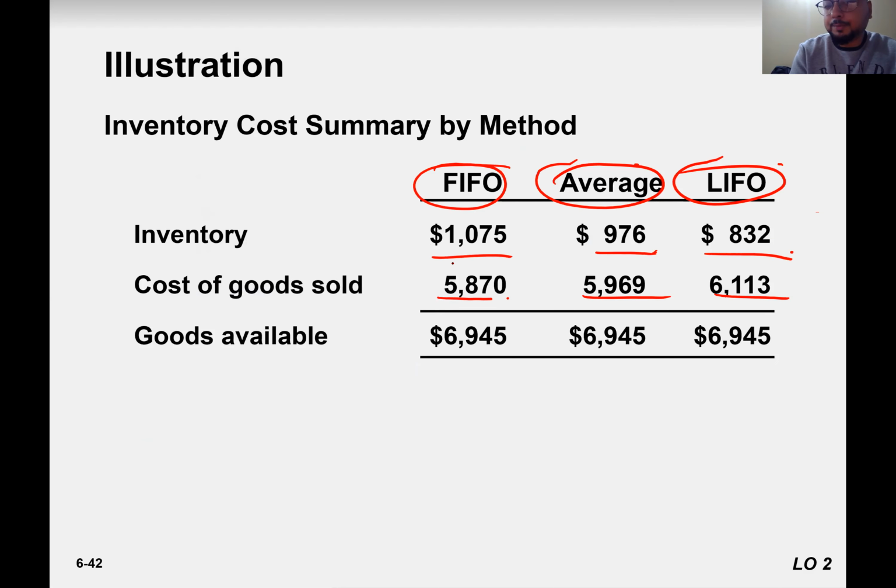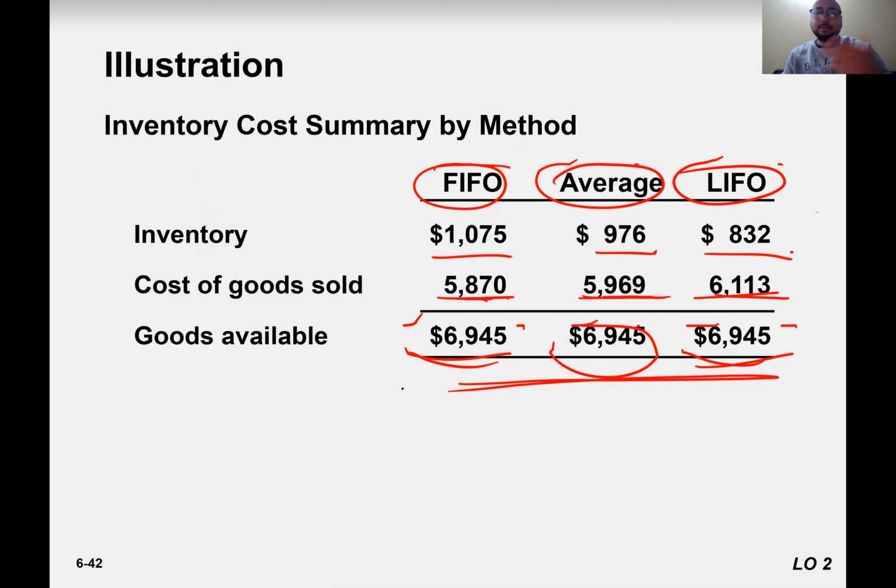For cost of goods sold, FIFO is the lowest, average is in the middle, LIFO is highest, right? But you see, the total available goods are the same, right? Total manufactured goods, including those sold plus the inventory on hand, the total is the same. It's just the allocation of the costs.